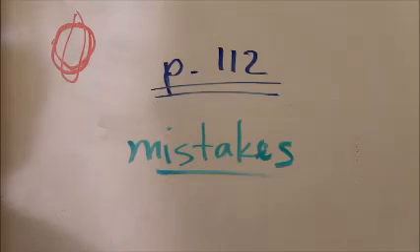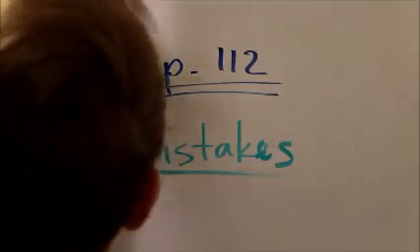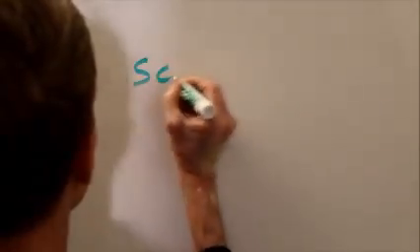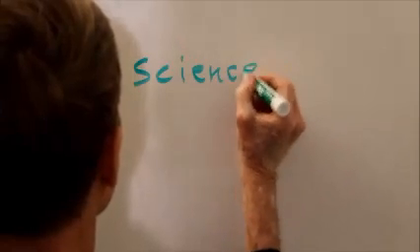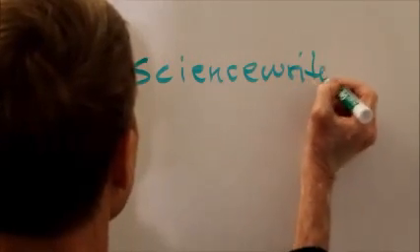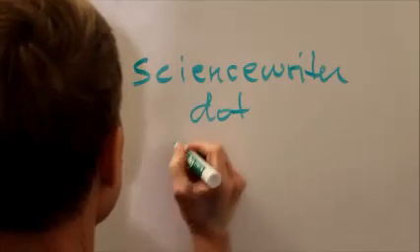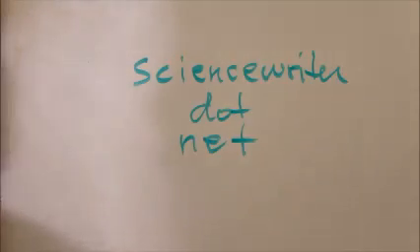I apologize for these mistakes, but when you write dozens and dozens of books and millions of words, my excuse is you're bound to make a few. And I think, in my opinion, it's better for me to bring these mistakes out in the open if I find them, or if you find them, you can email me. Go again to the website, sciencewriter.net, and you'll find a link for my email.